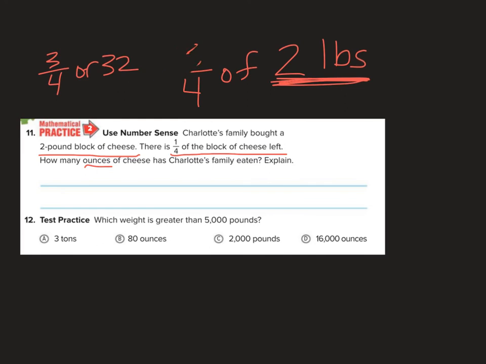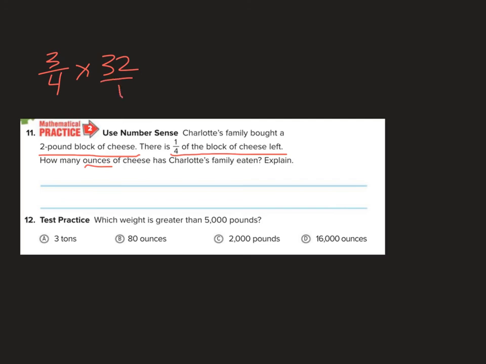So now I'm trying to find what is 3/4 of 32. And we know that whenever we have a fraction of something, that really means multiplying, right? So I should be multiplying. If I do 32 over 1, I can look for those opportunities to simplify. I can divide 32 by 4, and I can divide 4 by 4, so I get a 1. 32 divided by 4 is 8.